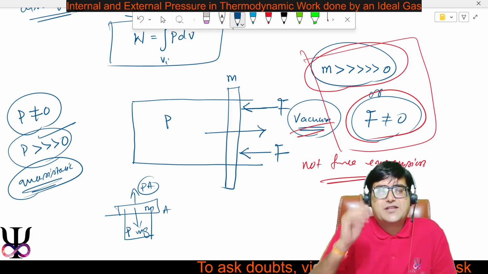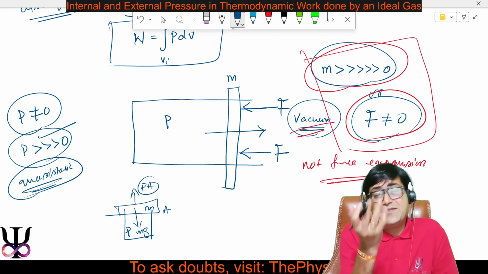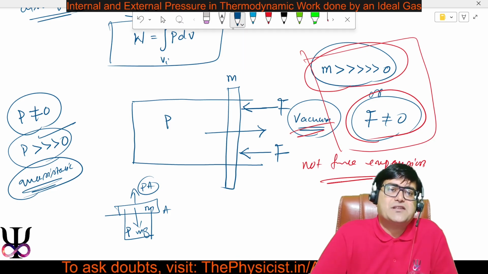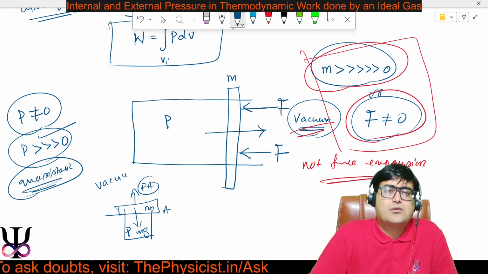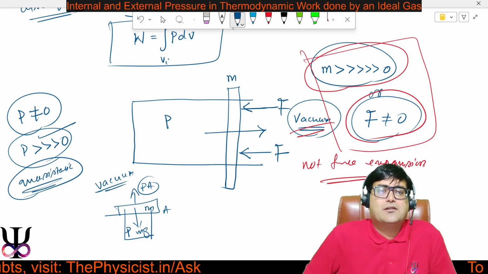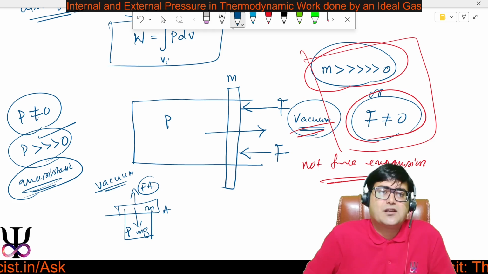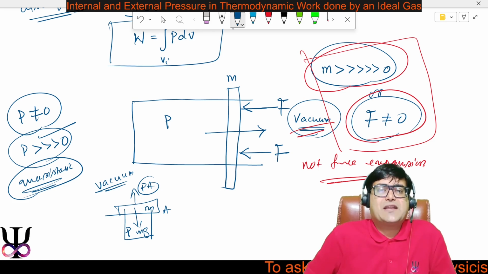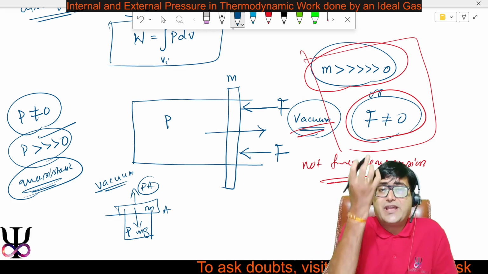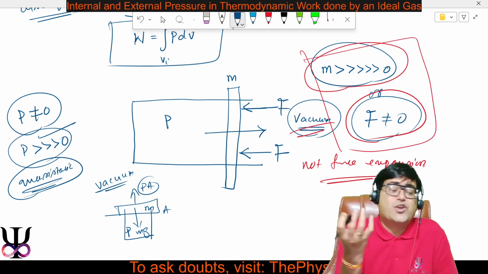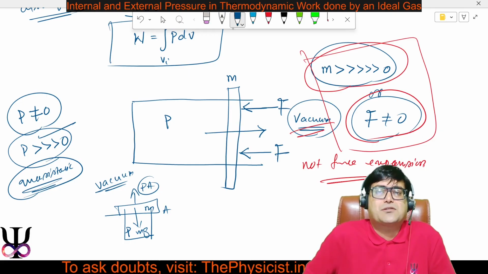Imagine if there is vacuum outside, right? Imagine if this cylinder is expanding in space. In that case, there is gravity. So there is an external force mg. So you can't consider this as a free expansion.